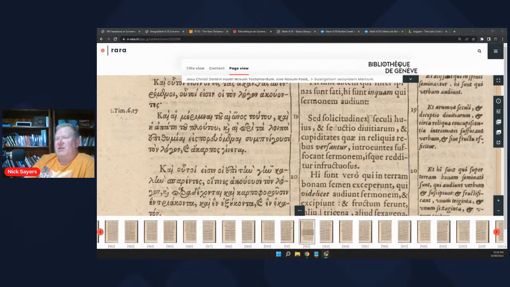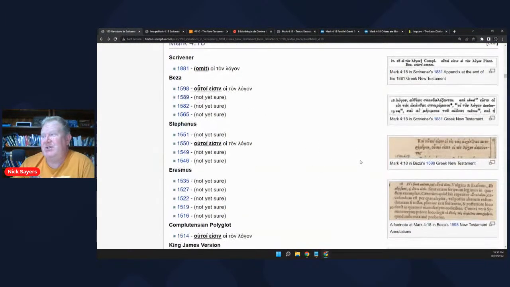There's no good textual argument against what the TR has. For Scrivener to remove this, it just shows that he must have thought that "such as" wasn't synonymous with "these are." To me, this is just an unnecessary change.